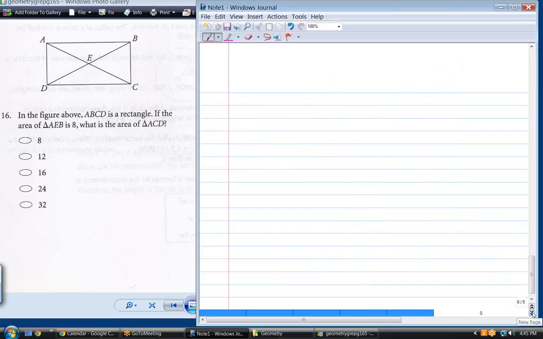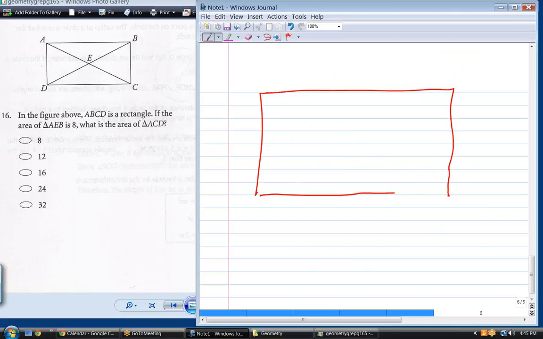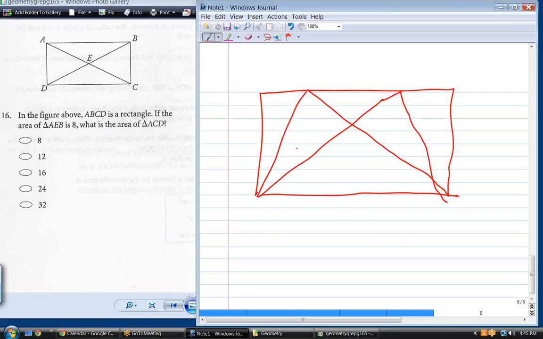One thing about geometry that's worth knowing is if you have a rectangle and you put a triangle inside of that rectangle, no matter where you put it, I can put it like that, I can put it like this, or I can put it like this.